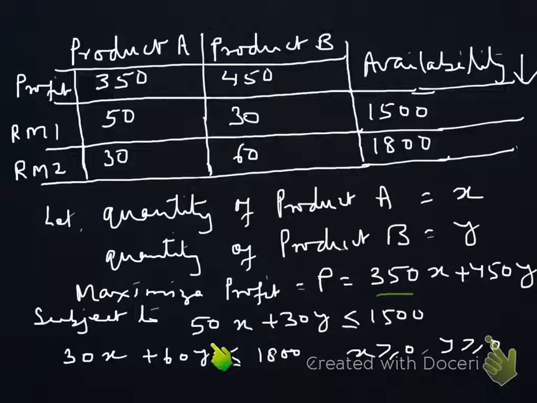In the constraints, the left hand side expression, that is 50x plus 30y, is the consumption of raw material 1. 30x plus 60y is the consumption of raw material 2. Consumptions should be lesser than equal to availability. So that's why 50x plus 30y should be less than equal to 1500 and 30x plus 60y should be less than equal to 1800.